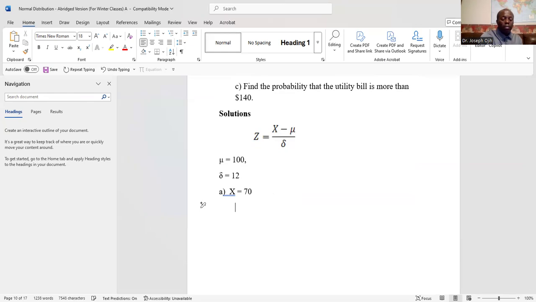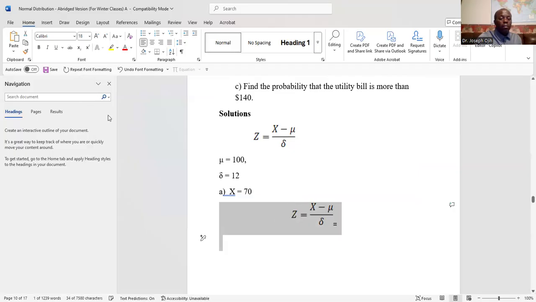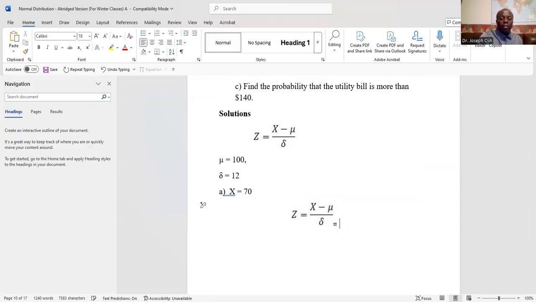So we have Z equals X, 70, minus mean of 100, divided by 12, which is standard deviation. So we have 70 minus 100 over 12.